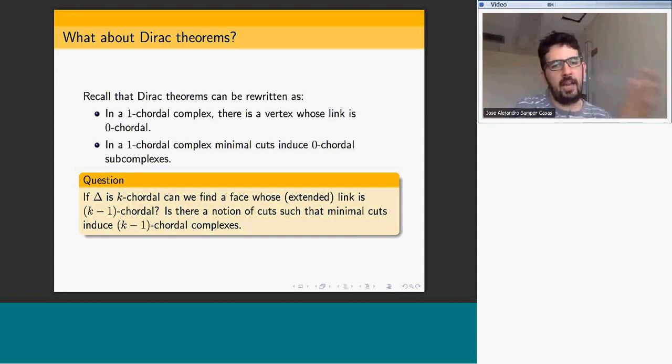So can I use k chordal implying k minus one chordal for smaller things, and then I'm gluing my simplicial complex by induction in terms of chordality? Or can I find an appropriate notion of k minus one cycles, or cuts of the skeleton, so that I get two subcomplexes which are k minus one chordal?